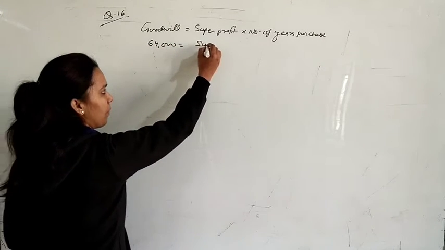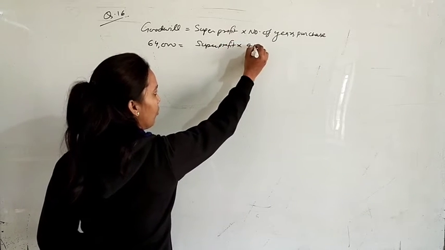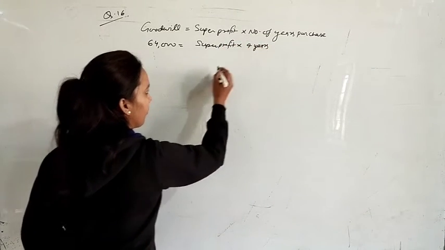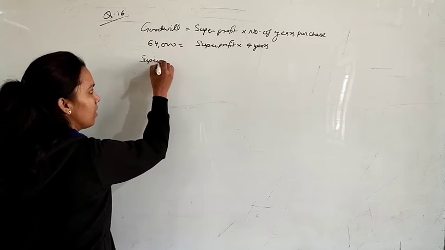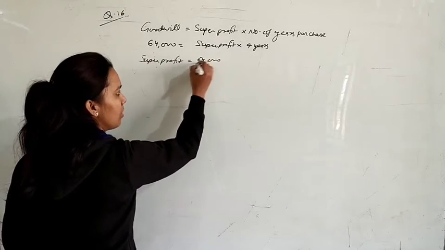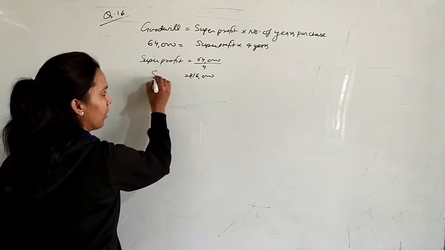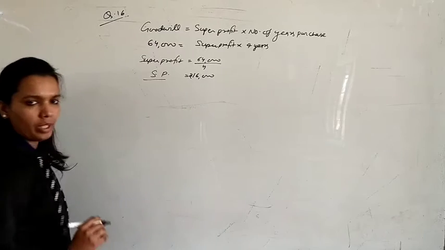So in this formula you can write here goodwill, that is 64,000. We don't have super profits and the 64,000 is calculated on the basis of 4 years. So super profit will be 16,000. I think everybody can calculate this. 64,000 divided by 4 means 16,000 rupees will be the super profit. Okay.